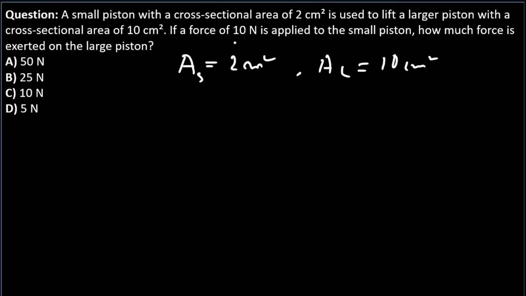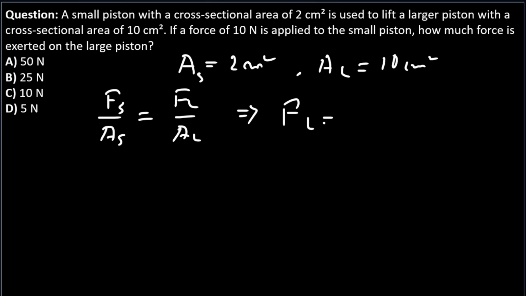So here FS over AS equals FL over AL. So here we will get FL equals FS over AS times AL. So FS equals 10 Newton.